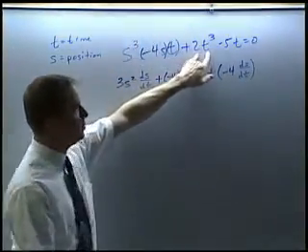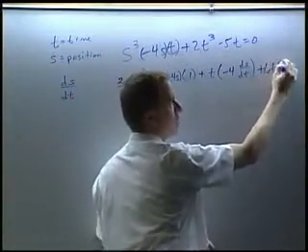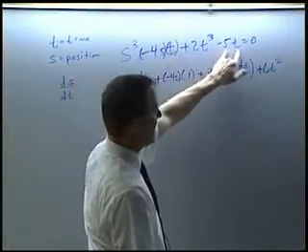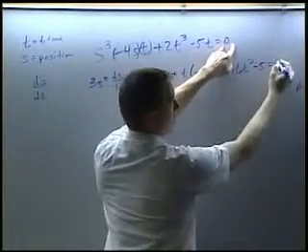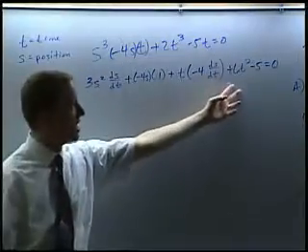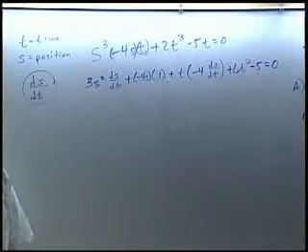Okay, what's the derivative of 2t cubed? 6t squared. Do I need to do any chain rule multiplication? No, because t is my x variable. What's the derivative of negative 5t? Negative 5. And the derivative of 0 is 0. Okay? So I've got this all set up. Now, the question wanted me to solve for ds dt, so I have to do a little bit of algebra here.